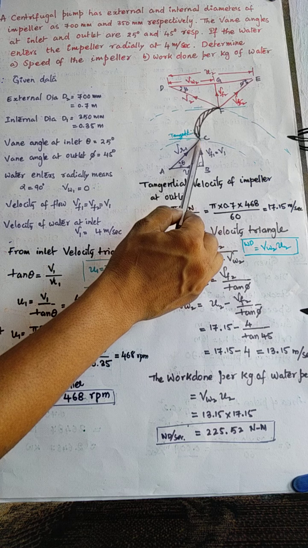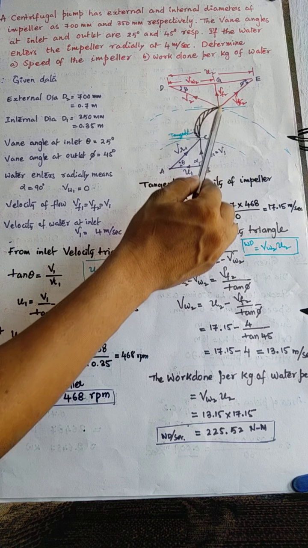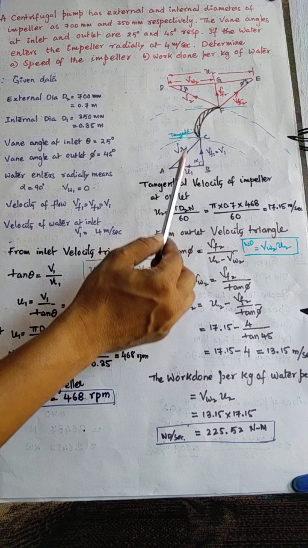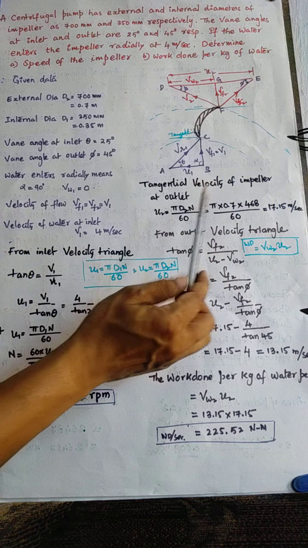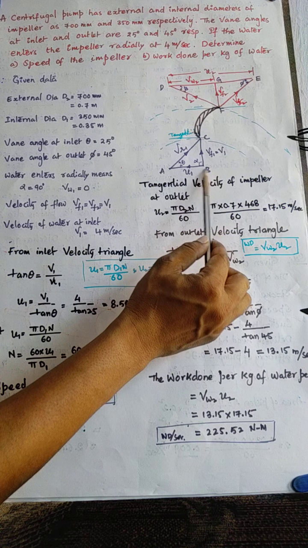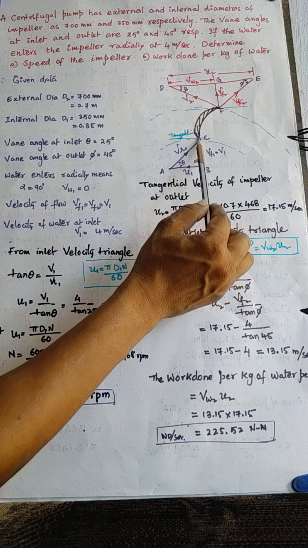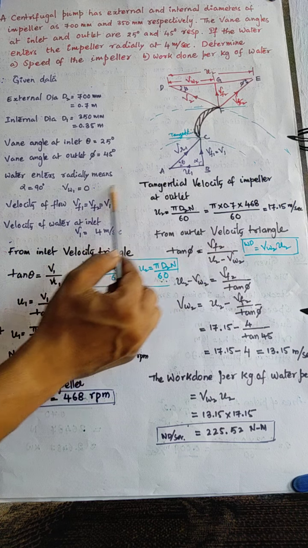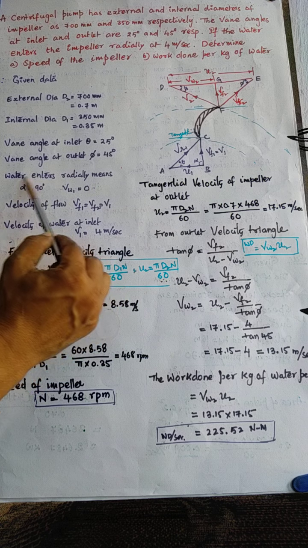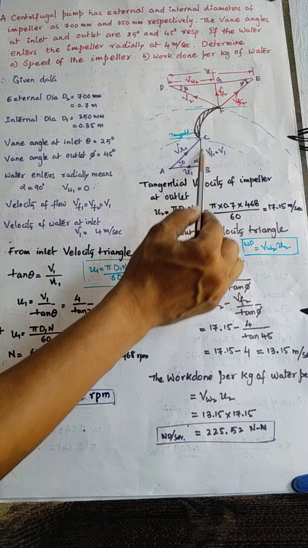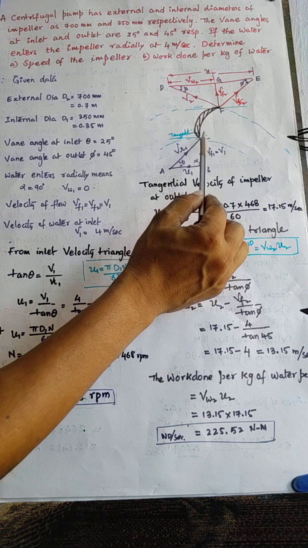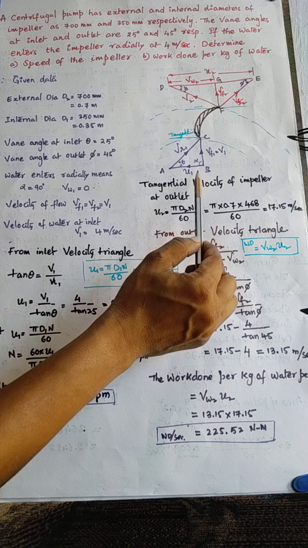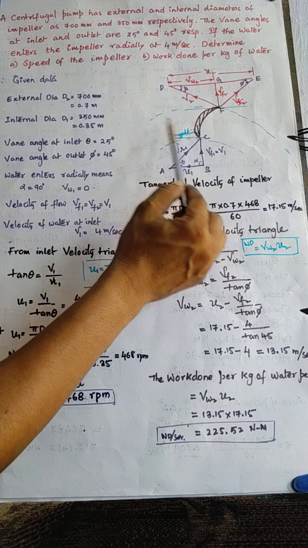So this is the inlet point for this blade and this is the outlet point for the given blade for this impeller. So water is entering radially, that means from the center it is coming radially with 90 degrees. That is why here we consider alpha is equal to 90 degrees. So radially it is entering at this inlet point, and blade is moving in this direction.